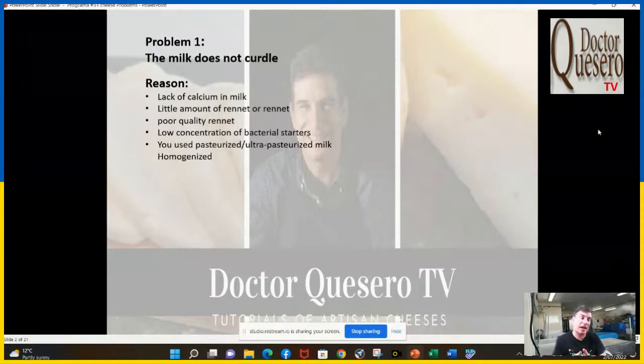When we start applying heat to the milk through pasteurization, it lowers or denatures the calcium in your milk, and your level of calcium will start to decrease. Over pasteurization means that your level of calcium will get lower. So when your milk is over pasteurized, ultra pasteurized, or even homogenized, your curd will be weak.